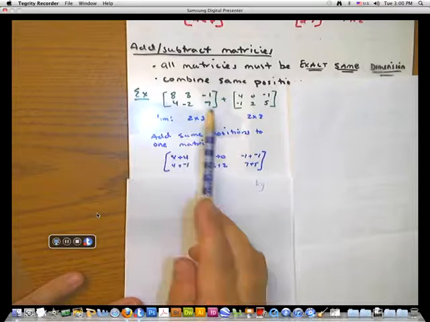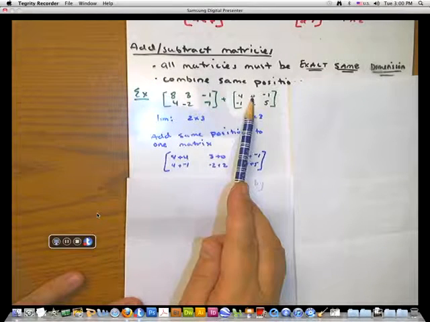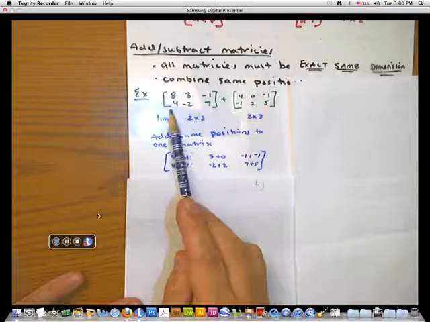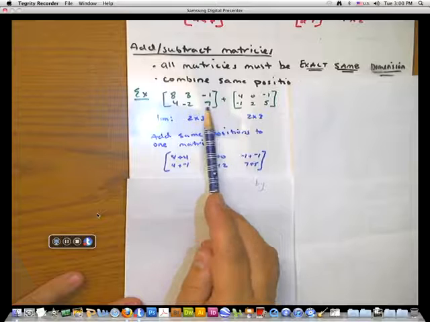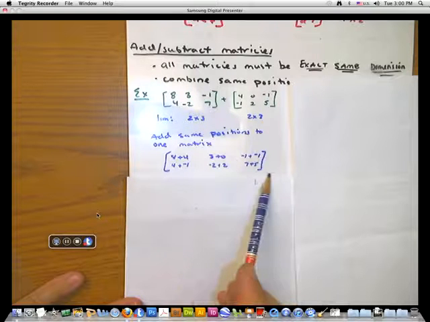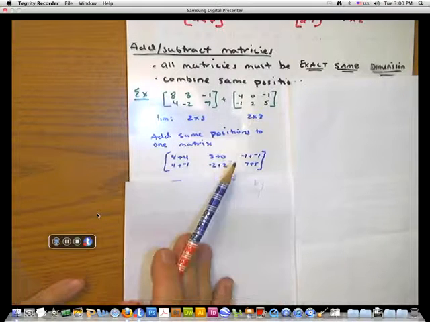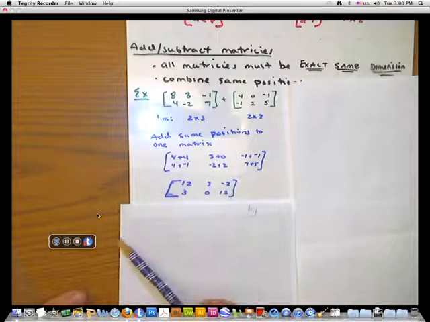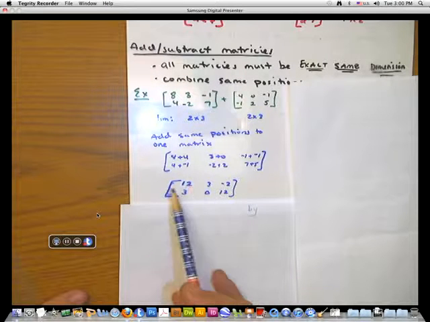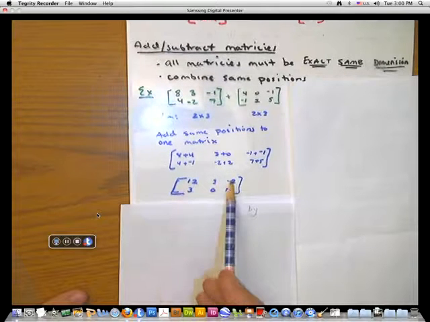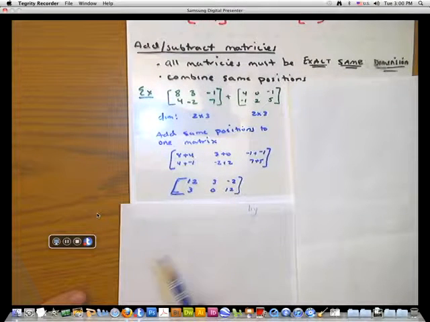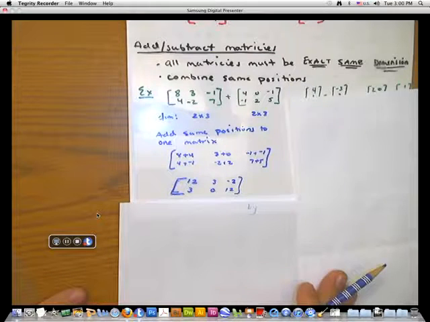We add them together. 3 and 0. -1, -1. 4, -1. -2, 2, 7, and 5. So we add the same positions. Therefore, we get the same size or same dimension of a matrix, a 2x3.